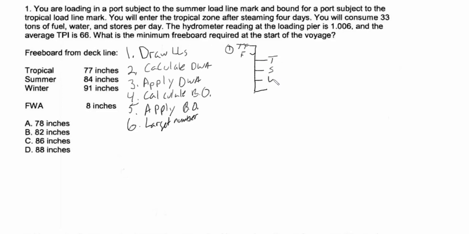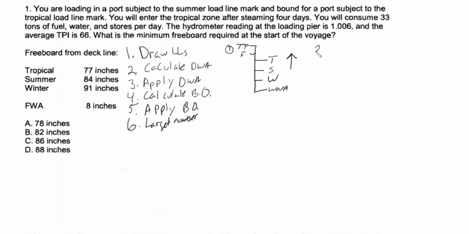This is winter, and this is winter North Atlantic. Okay, and we're going to be loading in some port. We're going to come right out to summer, and then we're going to go from summer to tropical. Okay, so that's what we're doing.